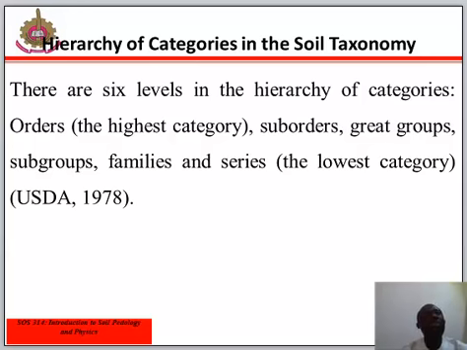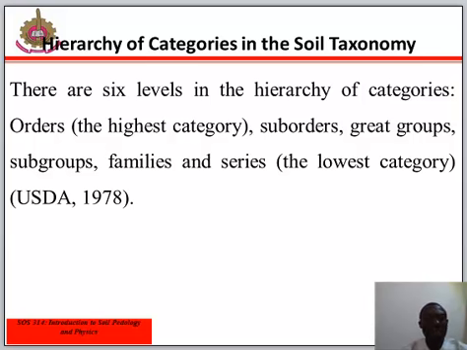Families. The grouping of soils within families is based on the presence or absence of physical and chemical properties important for plant growth and may not be indicative of any particular process.